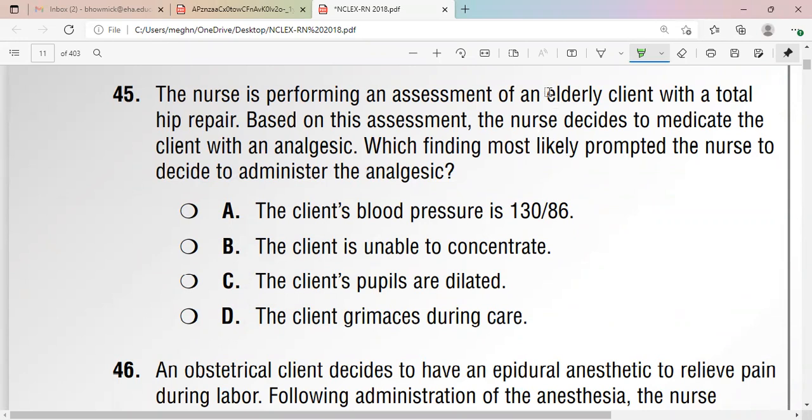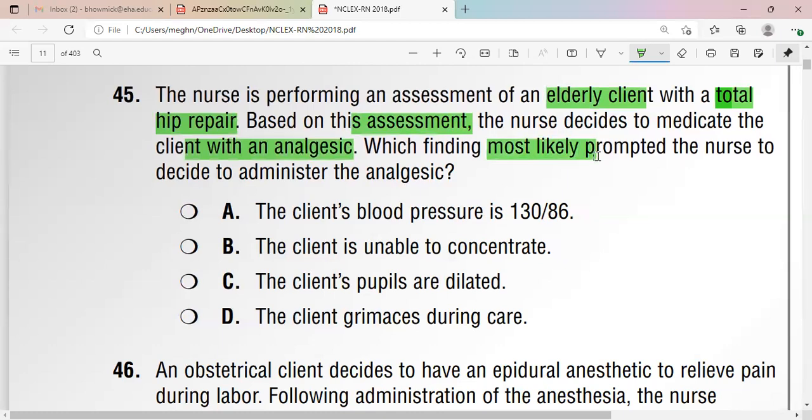So the key point here: my patient is an elderly client and my patient has a total hip repair. I need to assess because the patient decided medication, analgesic means pain medication. Which finding most likely, right? Decide to administer analgesic.